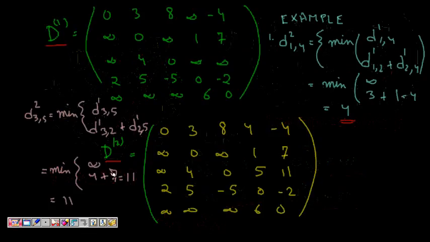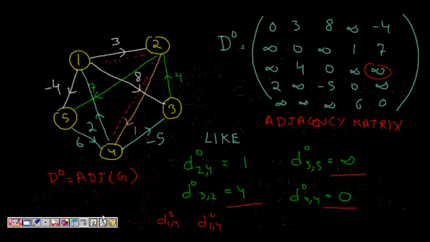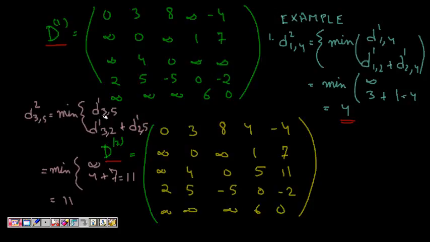Okay. So again, let's see from this code. It will be the minimum of D1,3,5. D1,3,5 means I have to go from 3 to 5, and I can just use node 1. So 3 to 5 using just node 1 is infinity, which is visible from the graph. Otherwise, if we choose the second node, I have to go from 3 to 2 using just node 1, and then 2 to 5.